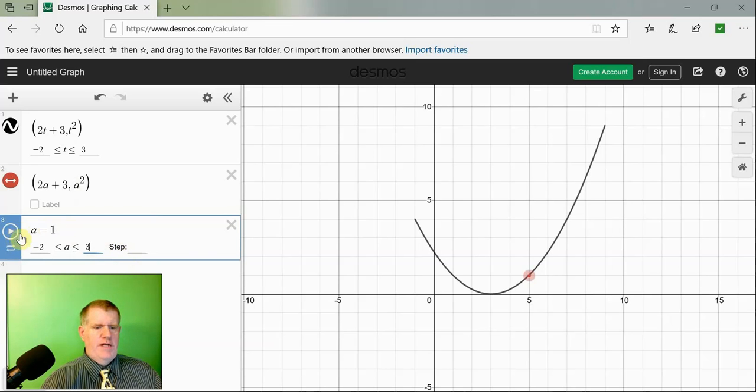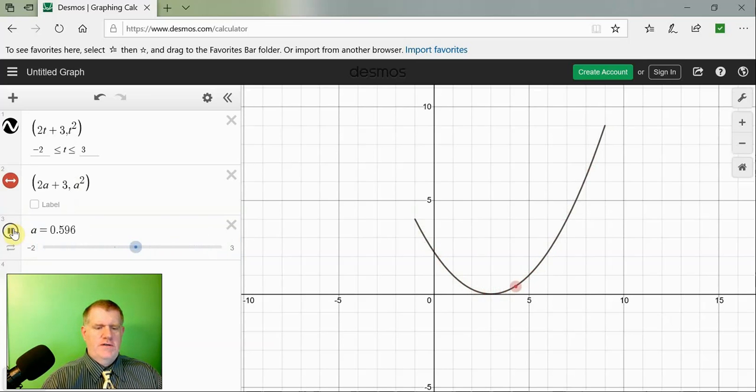This time I'm going to animate it. And I'm going to start it here at -2 and watch what happens. So when it's going from -2 to 3, you see the direction it's taking. So I know it starts at -1, 4, and it goes off until 9, 9. So that is a parametric equation. It's not just direction, it's also a time.